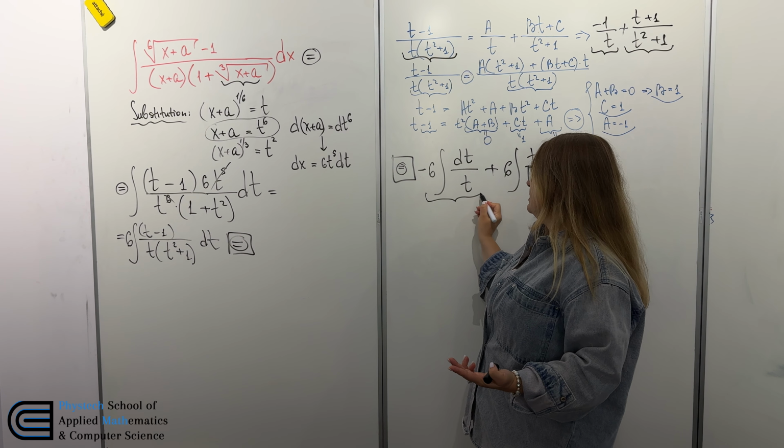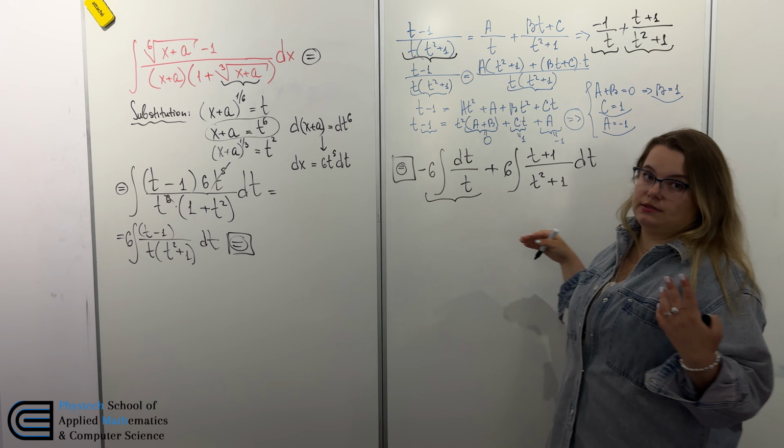So this one is very simple, it's a logarithm. And what we should do here, actually, we can split it into two integrals. So let's do it. I will use the color here. Now I talk only about this integral.